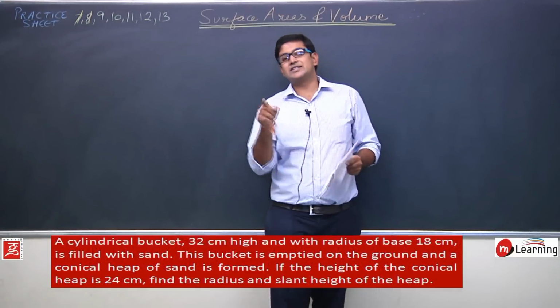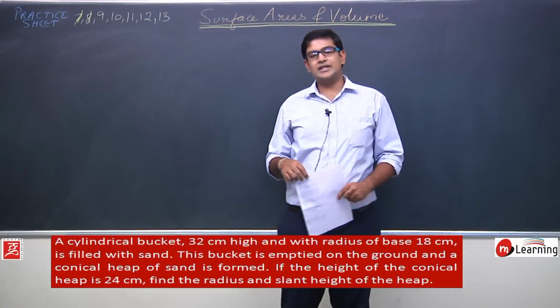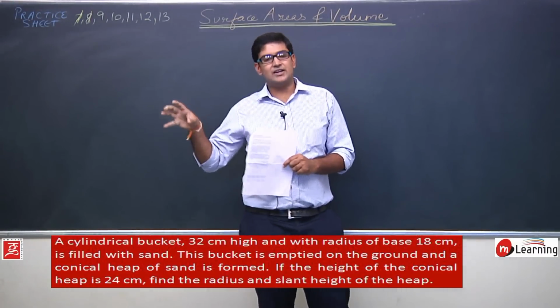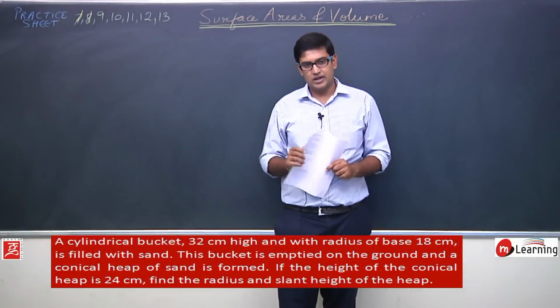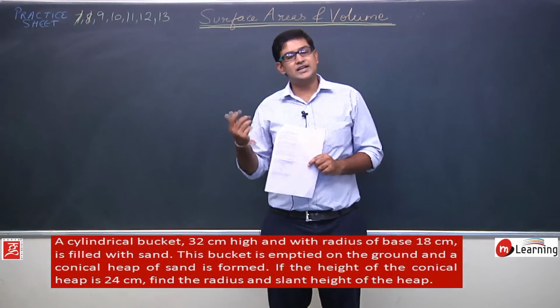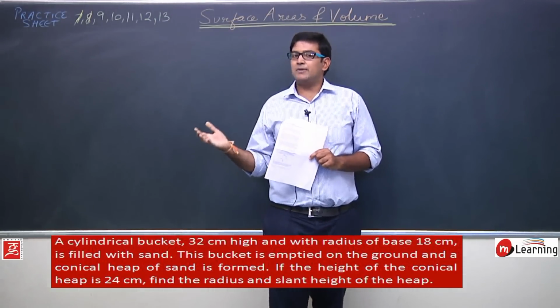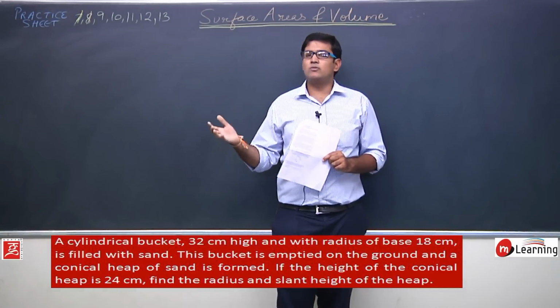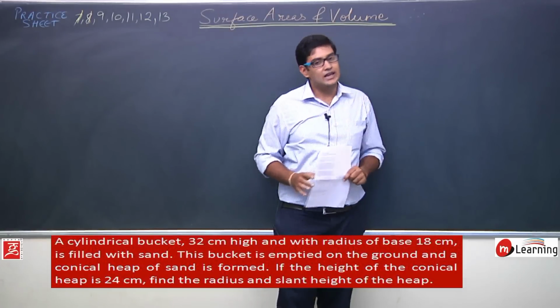Which sand? Which is contained inside the cylindrical bucket. It means whatever the volume of cylindrical bucket is, that is the volume of sand that it contains. Okay, the volume of sand inside the bucket is the volume of cylindrical bucket. So definitely the volume of cylindrical bucket is the volume of the sand that is used to make the conical heap.